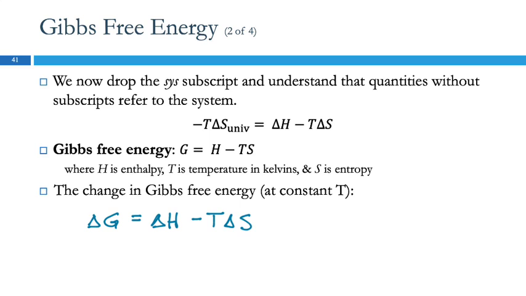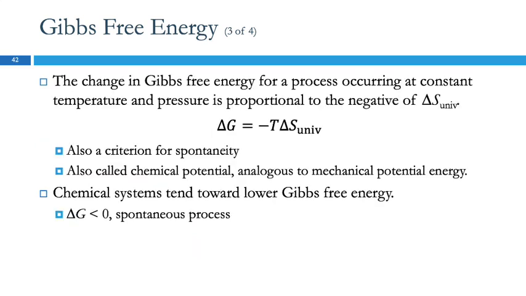And as usual with energy, we're interested in the change, not in the absolute amount of energy, because that is what's useful, and the absolute amount of energy is not helpful. So the change in Gibbs free energy occurring at a constant temperature and pressure is proportional to negative T delta S for the universe.